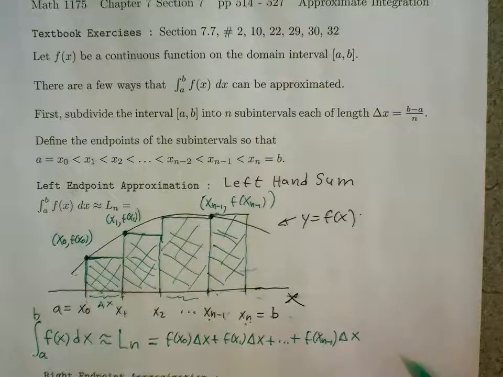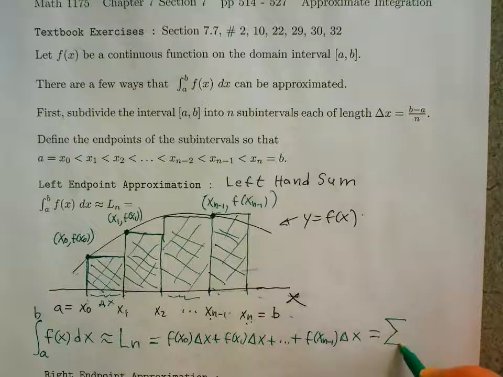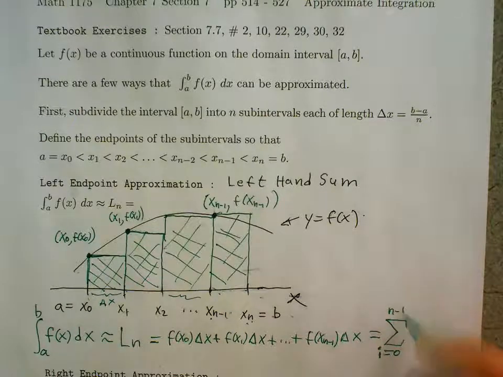And then we can use the sigma notation for the left endpoint approximation. Sigma, the capital Greek letter, is what we use to represent the sum of a certain number of terms. So we're going to add n terms. We'll begin with i equals 0 and go up to n minus 1.